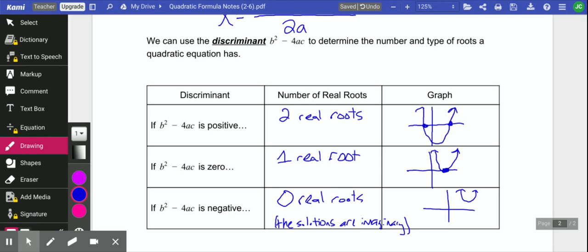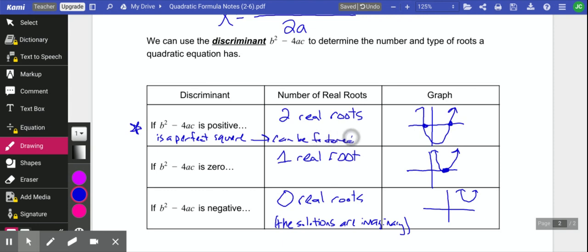Okay. Now, the other thing I want to tell you about this first situation, if b squared minus 4ac is a perfect square, that means the equation can be factored.